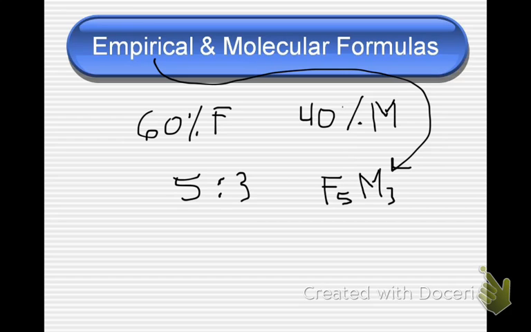Then if you were to come in my classroom and actually count it out and see how many girls and how many guys there actually were, you would find out that there is 15 females and 10 males. Okay, so then the molecular formula for the class would be F15M10.